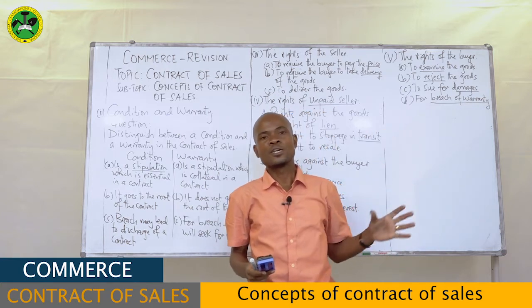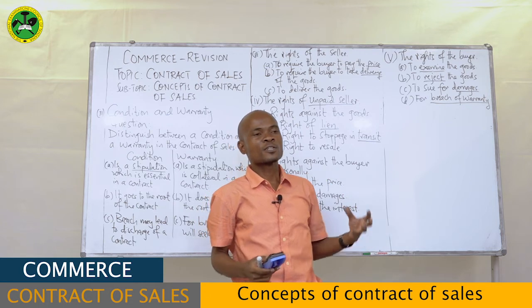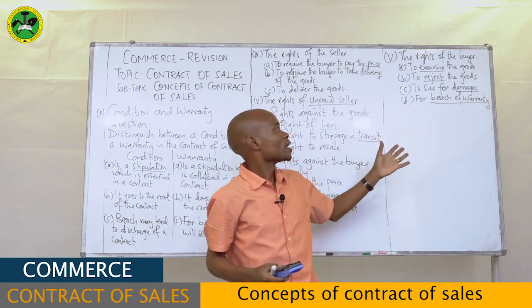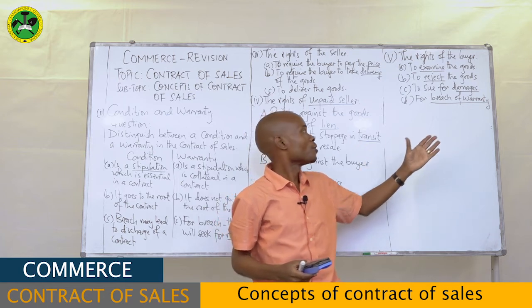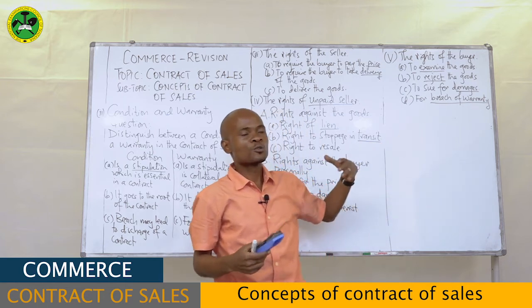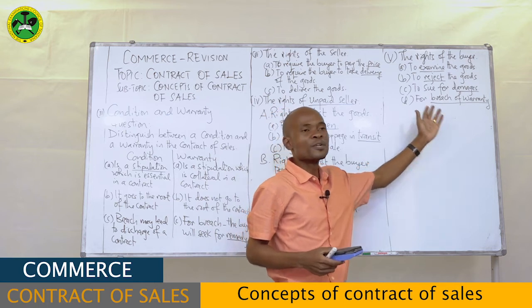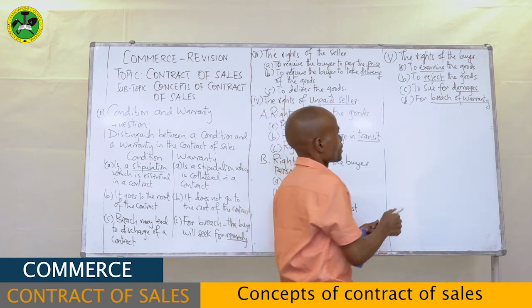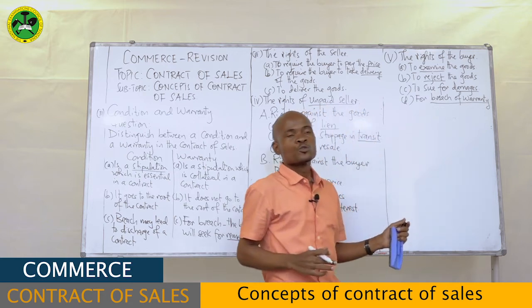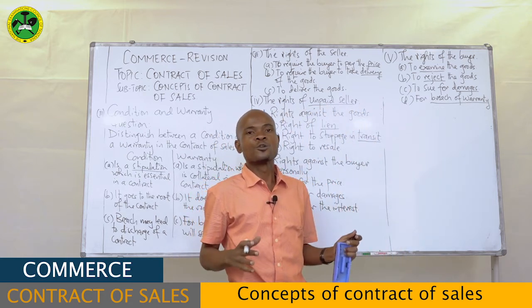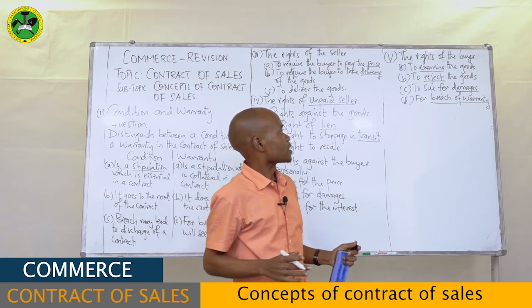It is subsidiary, so the buyer will not terminate the contract, but he will just sue for the damages, or look for the remedy. So here the buyer will have to sue for the damages and not terminate the contract.